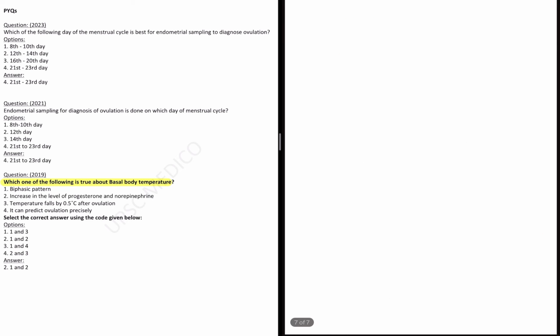Ovulation has occurred because you have noted secretory changes. Now let me write what are the secretory changes. So the secretory changes you note on endometrial sampling is, number one, there is increase in stromal edema. This is microscopic appearance. Second thing is there is a global increase in endometrial thickness.